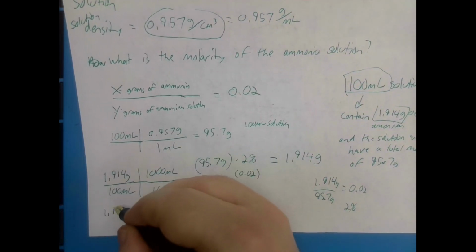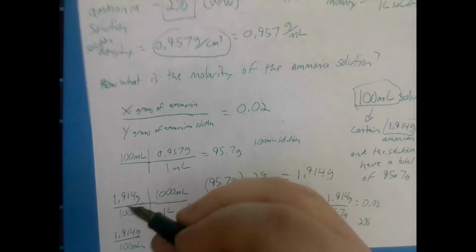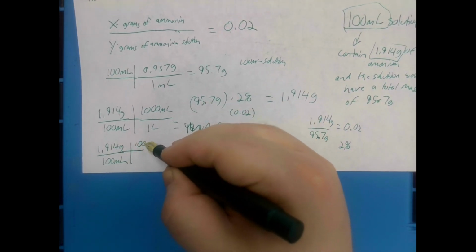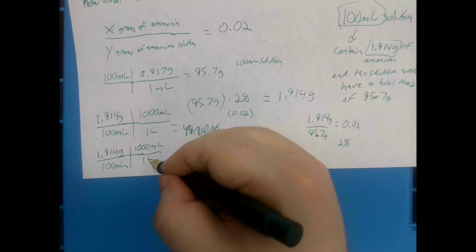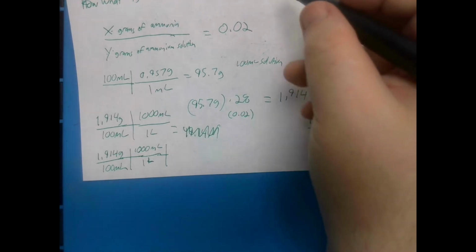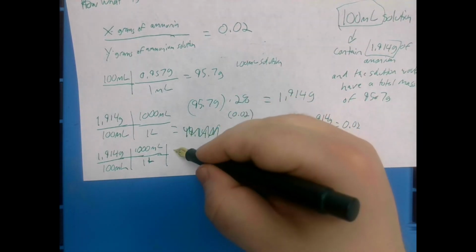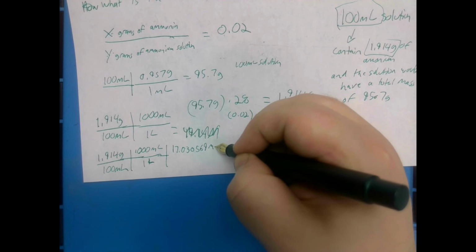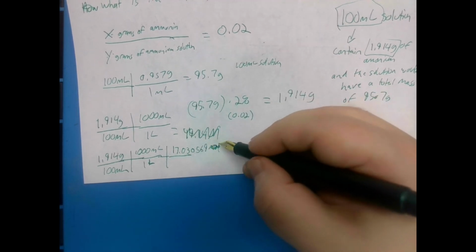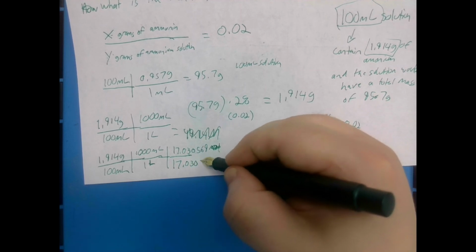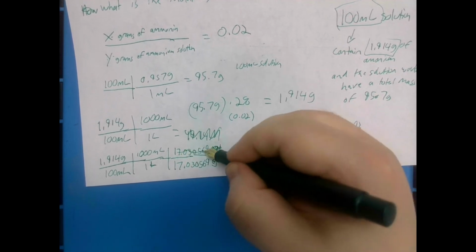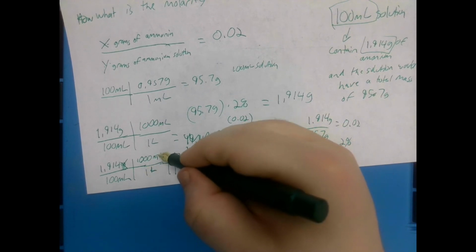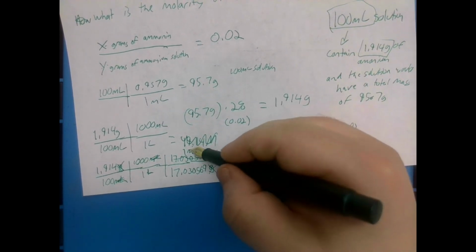So we have 1.914 grams in 100 milliliters. We need to convert grams into moles and milliliters into liters. There's 1,000 milliliters in 1 liter. And we know from calculating the molar mass, there are 17.03056 grams per 1 mole, and I need to put that number on the bottom. So grams cancel out, milliliters cancel out, and I'm left with moles per liter.